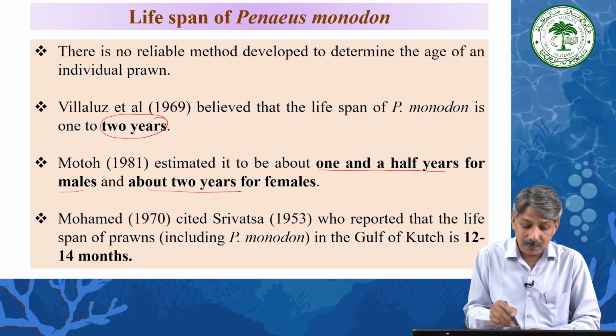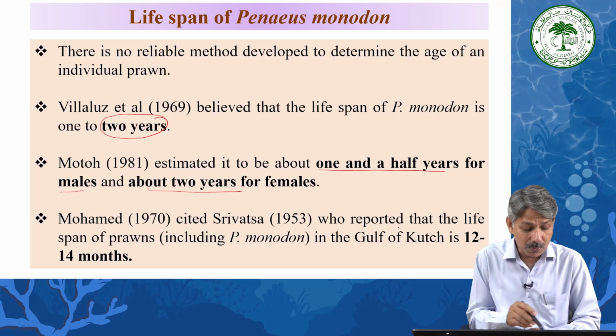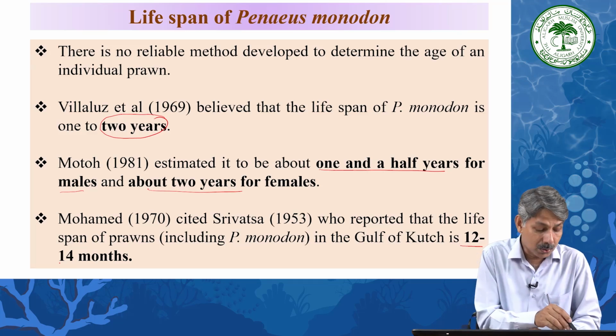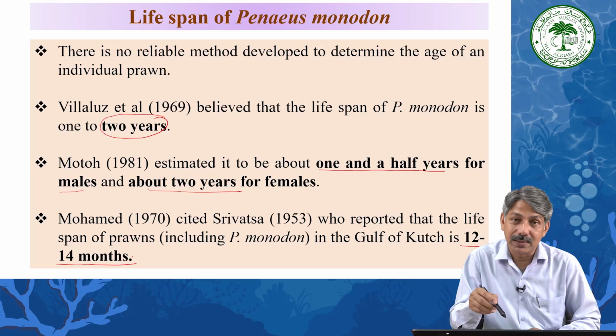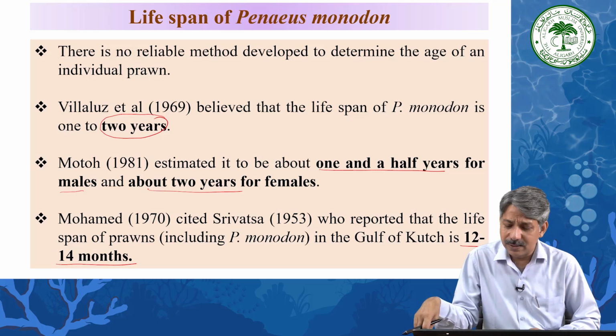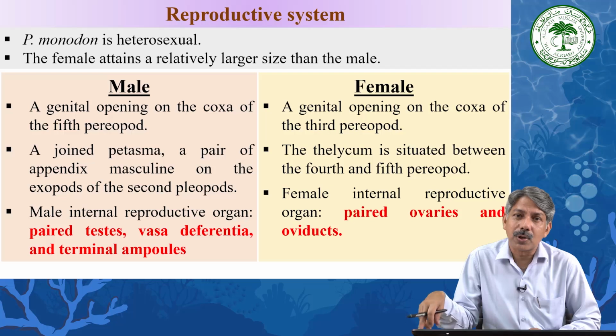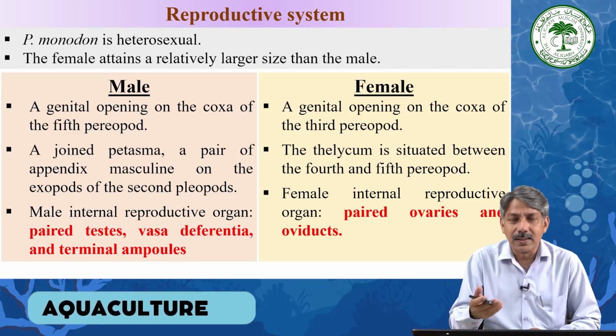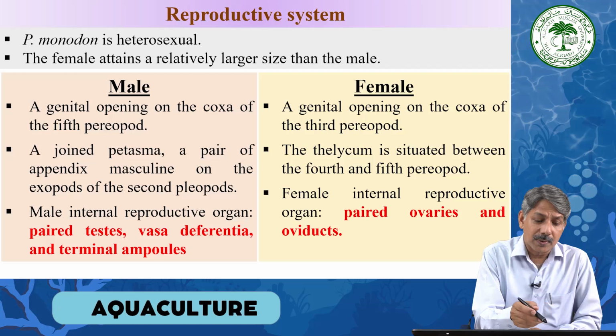Then Mohamed cited Srivatsa's work, who reported the lifespan of prawn in the Gulf of Kutch as 12 to 14 months. So we can consider that the lifespan of Penaeus monodon is 1 to 2 years in general.